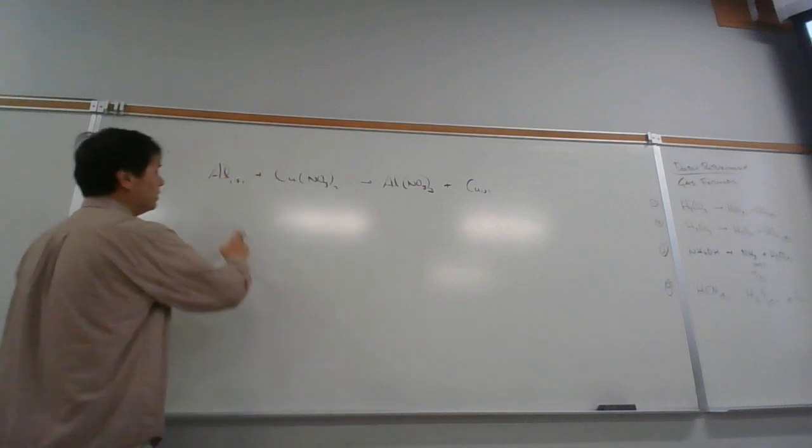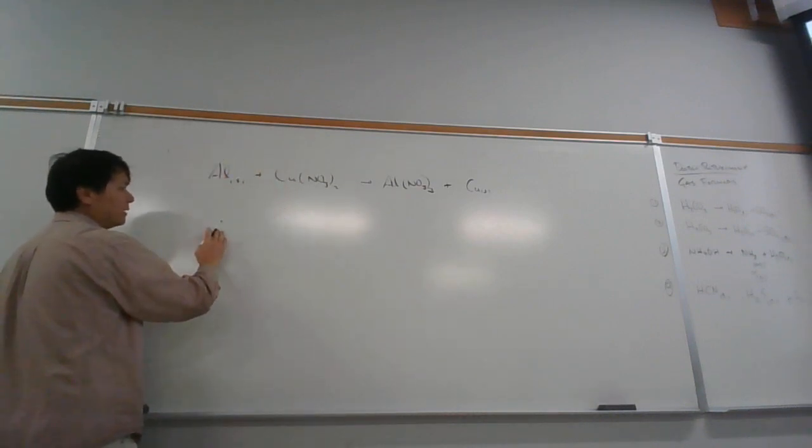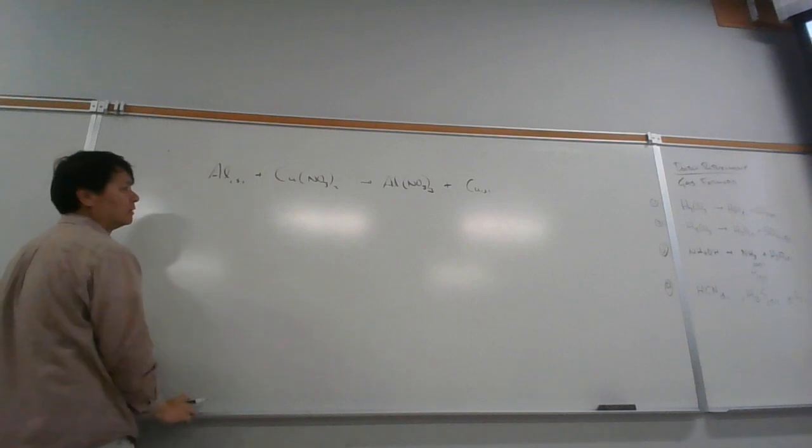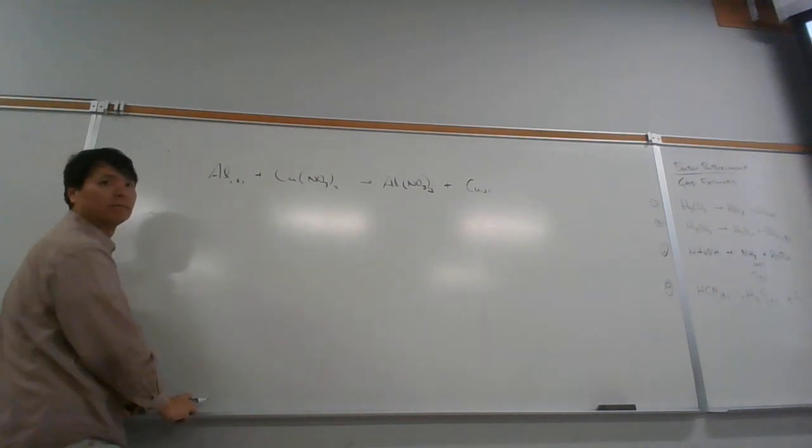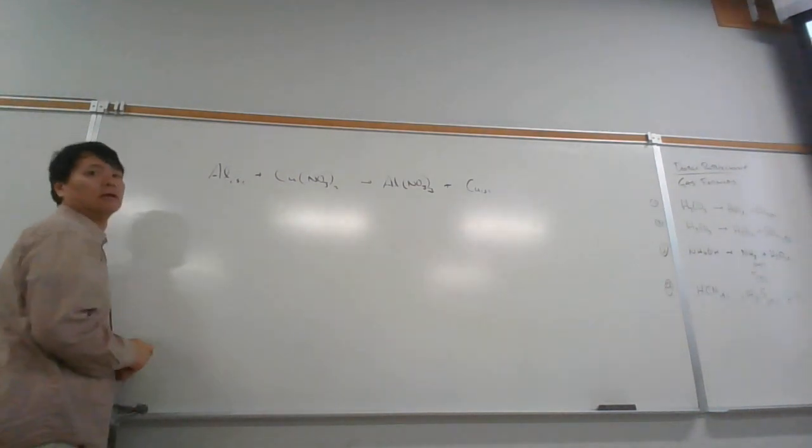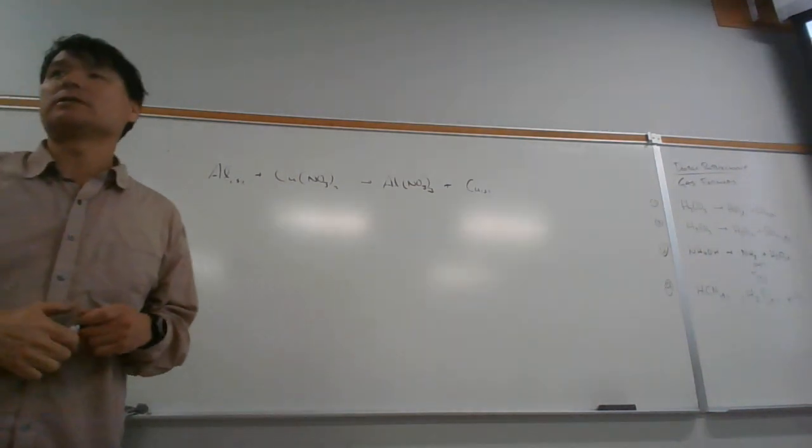And so when we compare aluminum, this one we probably don't need the activity series. Which one's a more active element, aluminum or copper? More reactive. Copper? Aluminum or copper? Maybe that's a tough one.